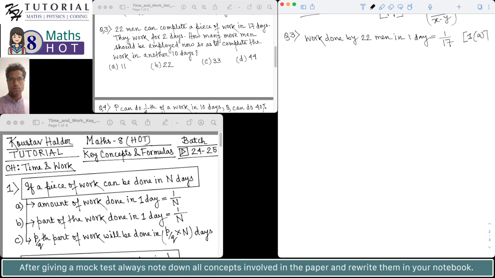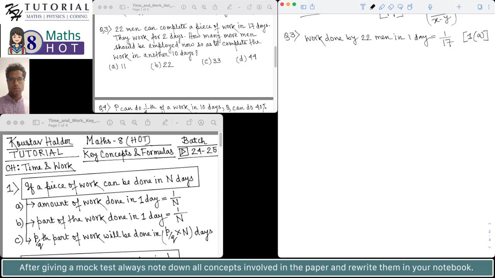If a piece of work can be done in n days, this piece of work can be done by a single person or many persons. In this problem, 22 men are completing a piece of work in 17 days. So we can say that work done by 22 men in one day will be 1 by 17.